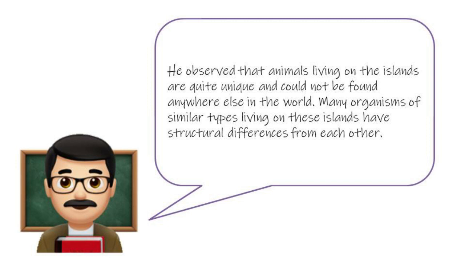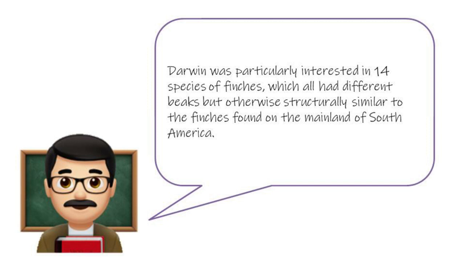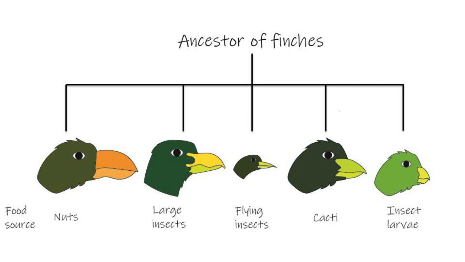Many organisms of similar types living on these islands have structural differences from each other. Darwin was particularly interested in 14 species of finches, which all had different beaks but were otherwise structurally similar to the finches found on the mainland of South America. This suggested the finches on the Galapagos Islands have descended from a common ancestor.